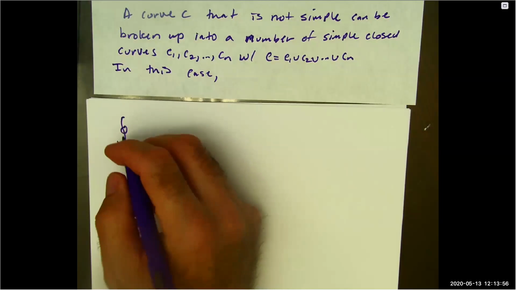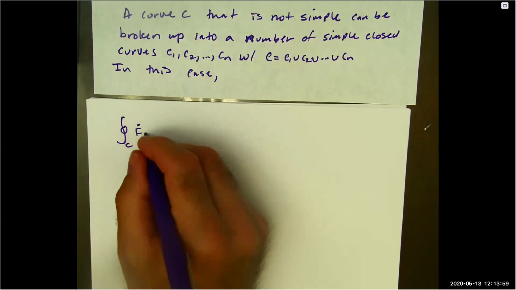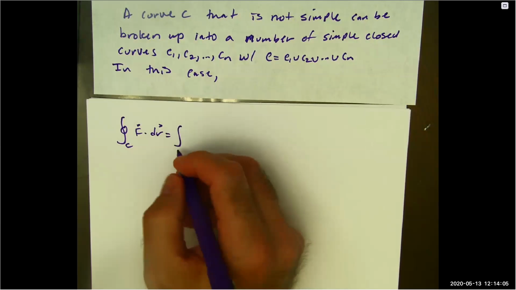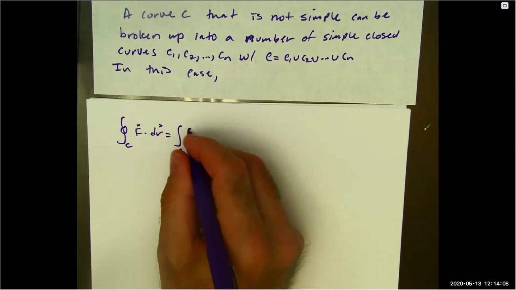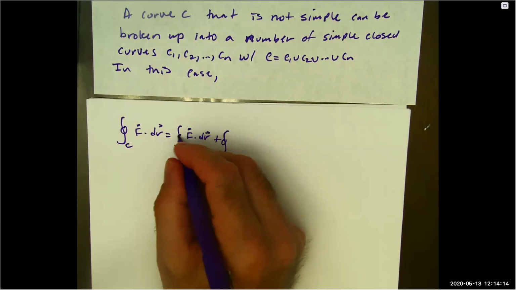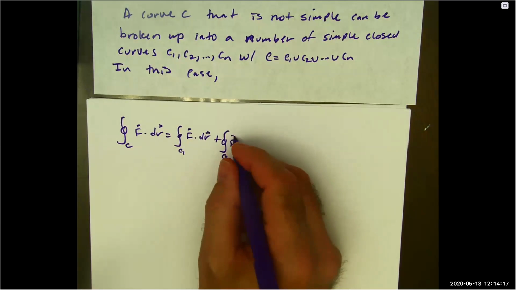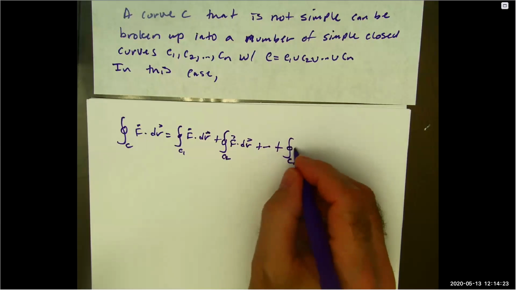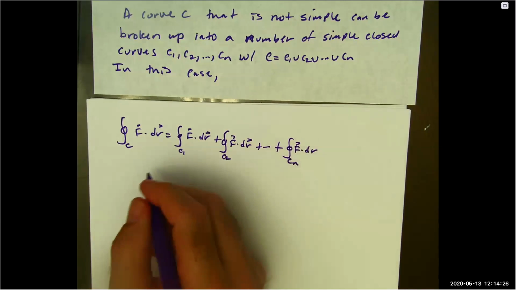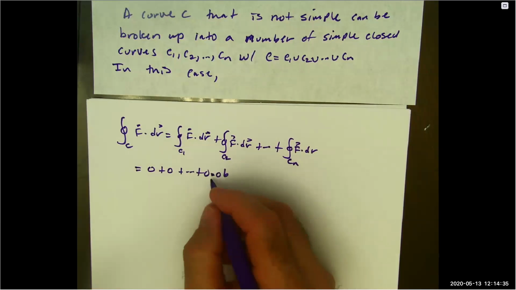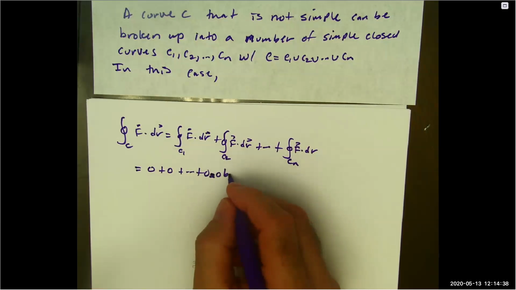And so in this case, if we look at the line integral over C of f dot dr, this would be equal to the line integral over C1 of f dot dr, plus the line integral along C2 of f dot dr, and then plus the line integral along Cn of f dot dr. And this is just going to be equal to 0 plus 0 plus 0, equal to 0, by the above.